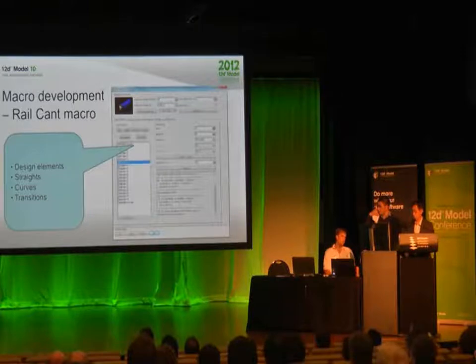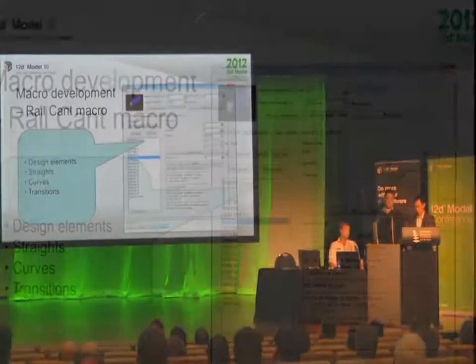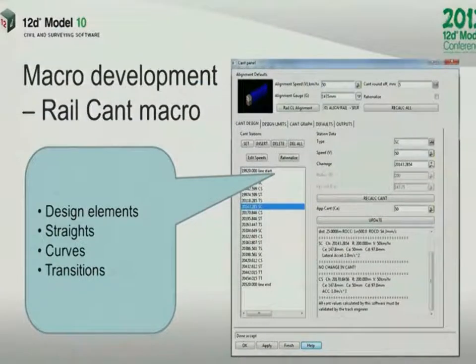Allow me to move on to the macro development, the rail CANT macro. This is a unique challenge to the design team for using 12D. CANT is applied and described, like I mentioned before. The rail alignment is designed at the rail control line with the CANT macro applied by adjusting the high rail accordingly to suit.